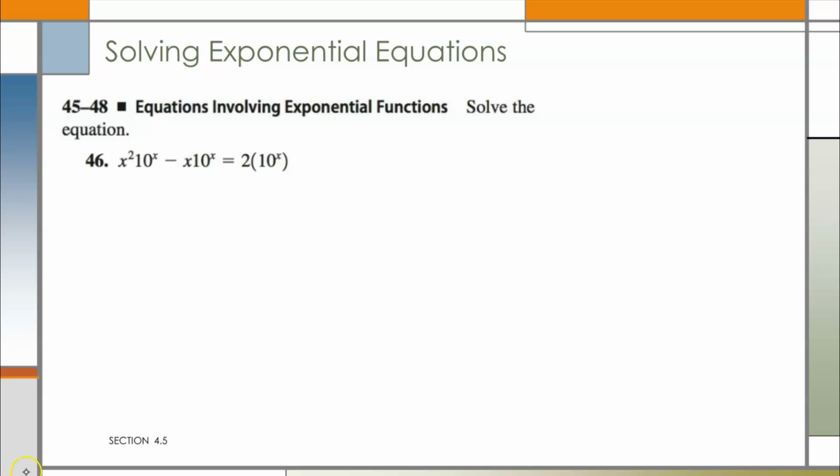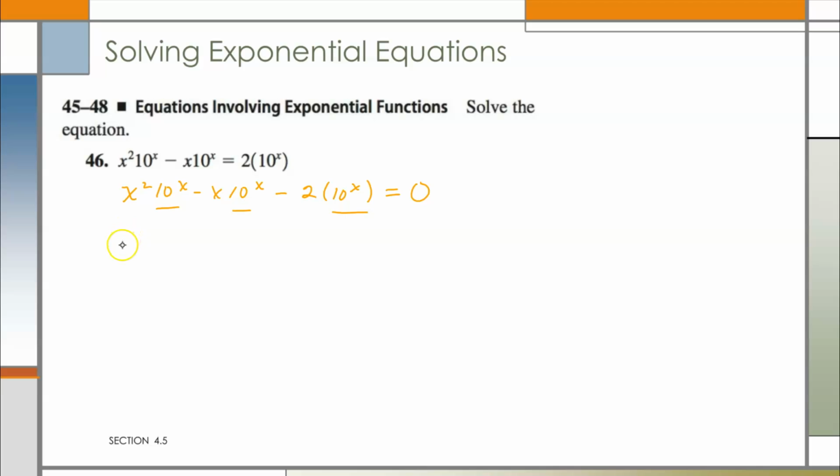For problem number 40, since we're solving, let's first start out by getting one side equal to 0. That's our usual approach when we have a quadratic equation. Now that one side is equal to 0, what do you notice? You should notice that 10 to the x is common in everything.